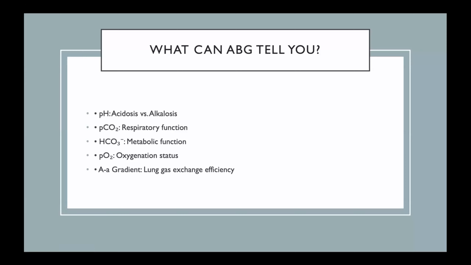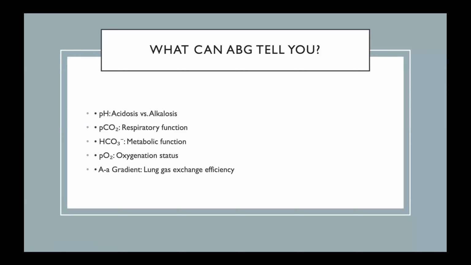So before that, what can a gas tell you? It can tell you about the pH. We are all familiar with pH. We use pH to detect whether there's an acidosis or alkalosis. Carbon dioxide partial pressure reflects respiratory function.